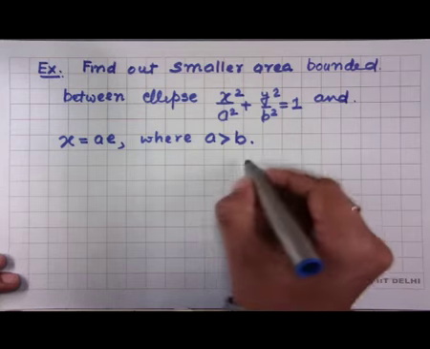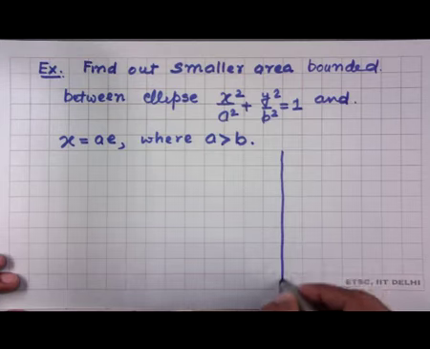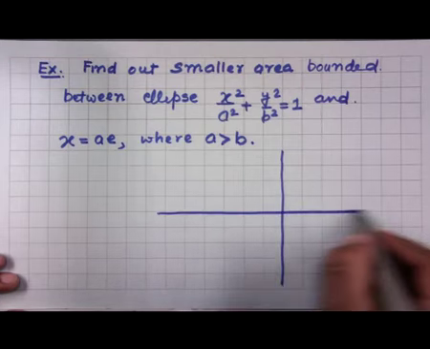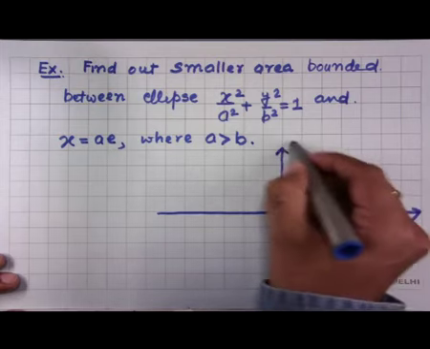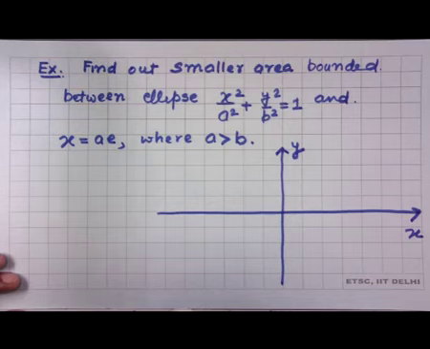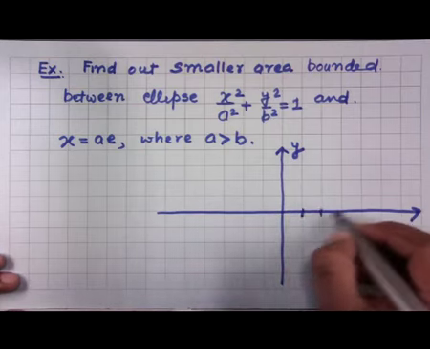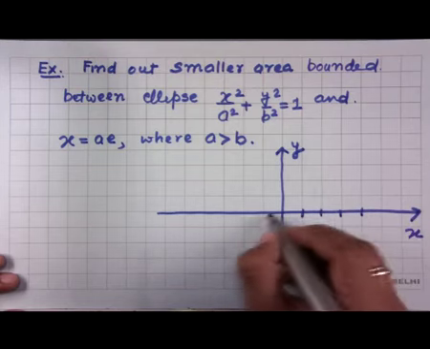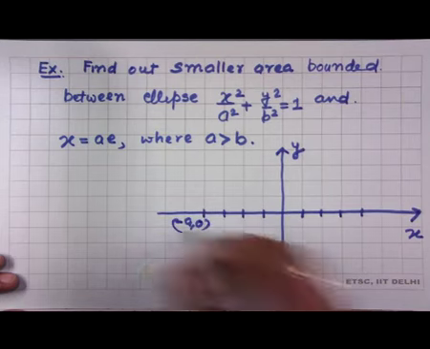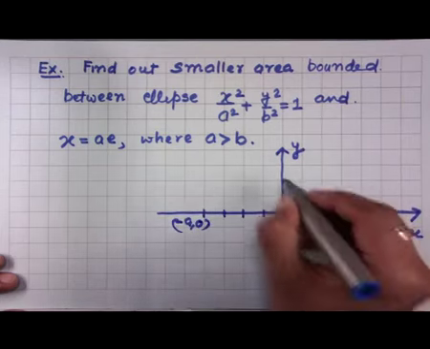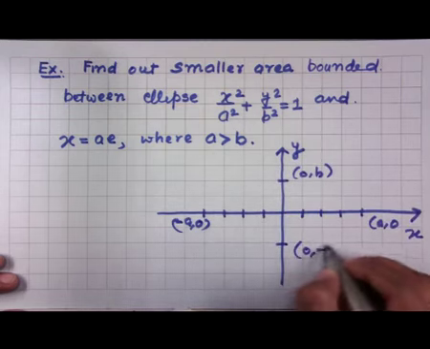So, let us plot the ellipse and this line. If this is your x axis and this is your y axis, then since A is greater than B, let us say that this point is minus a comma 0 and this point is a comma 0, and this is 0 comma b and this is 0 comma minus b.